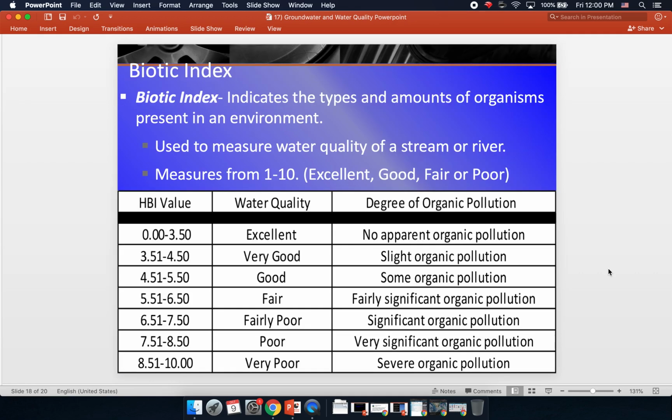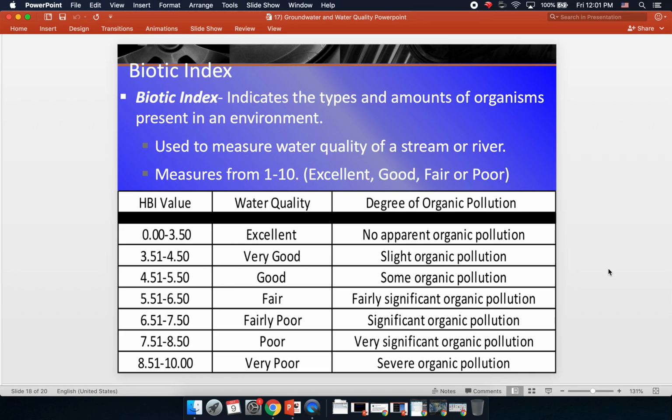All right, the biotic index indicates the types and amounts of organisms present in an environment, and in this case we're talking about present in water. So we use the biotic index to measure water quality of a stream or river. And like I said earlier, we have lots of living things that are either dissolved or suspended in water in our environments.